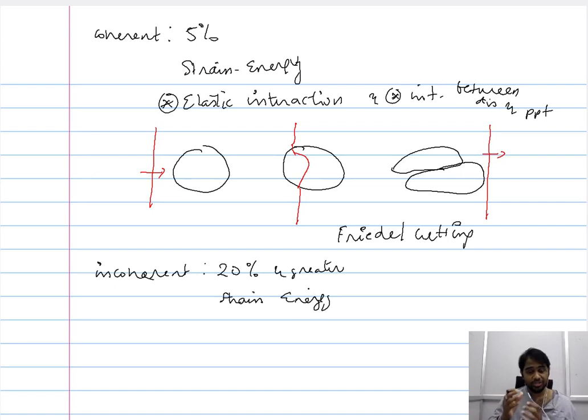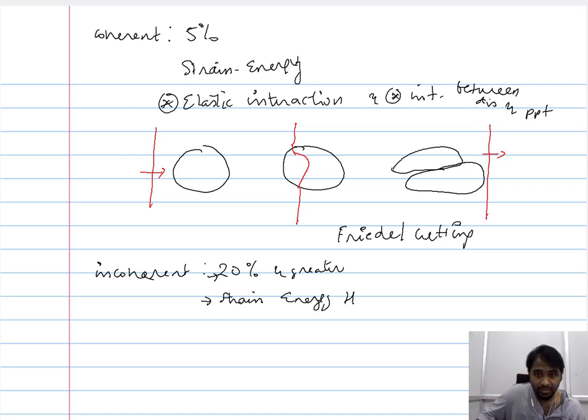Since the strain energy is already higher in the interface between the particle and the parent phase, this interaction between the dislocation and the interface is averted, because energetically you already have a highly strained region, and the dislocation, which has a distortion of its own, will not interact with this highly strained region. That is not energetically preferable.